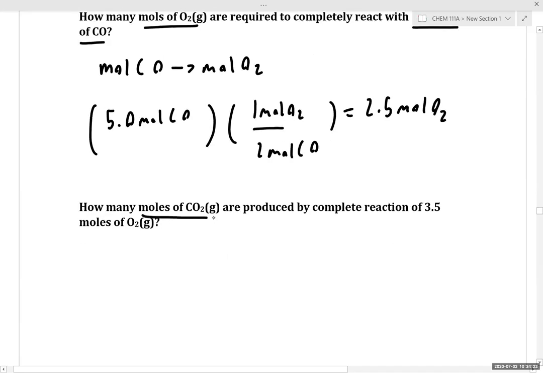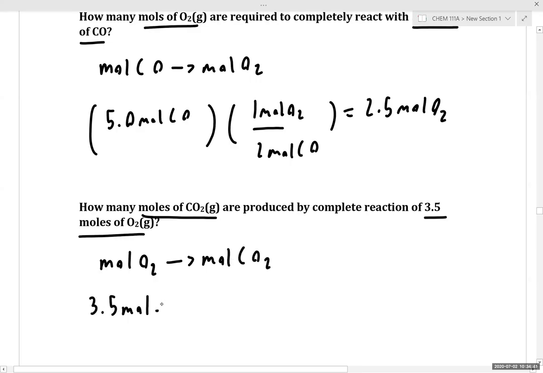Okay, let's try to answer the question now. How many moles of carbon dioxide are produced by complete reaction of 3.5 moles of oxygen? Okay, this time we're going from moles of oxygen to moles of carbon dioxide.